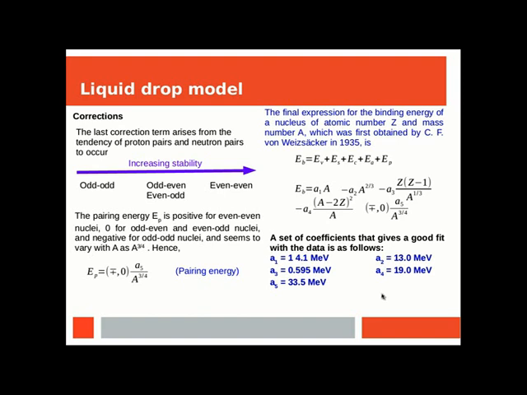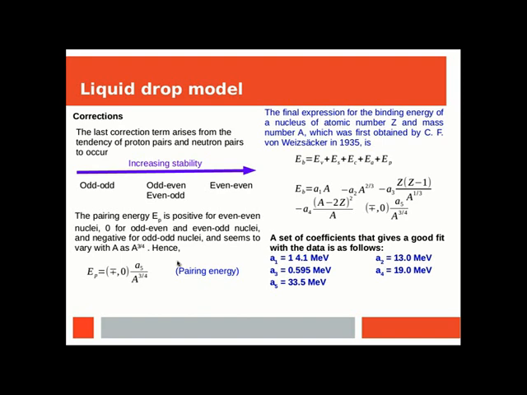So the last correction that is required is of the pairing energy. Pairing is possible only if the number of neutrons and the number of protons is even. Pairing is important to have equal numbers of neutrons and protons, but we saw that 60% of all the nuclei that exist have an even number of neutrons and an even number of protons.